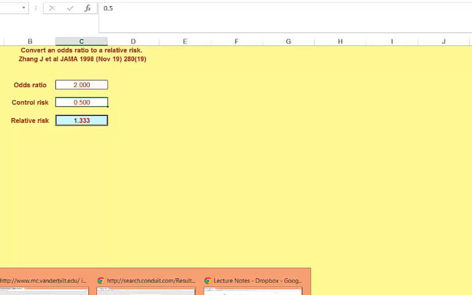In the conclusion, my collaborator wrote that the chance of having delirium increased by 10 times if you have the ApoE4 gene.